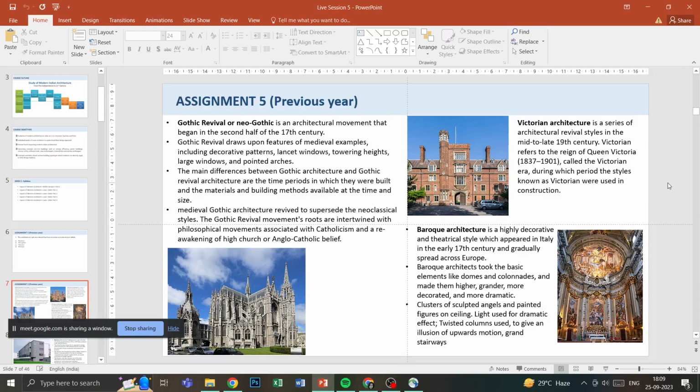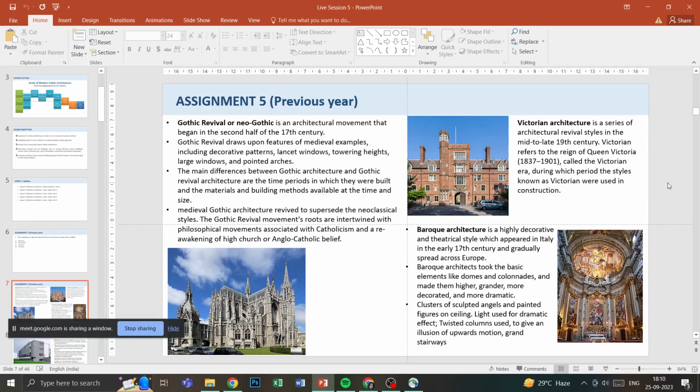For example, in the Gothic Revival period, the buildings used stone and other things, while in the Gothic period, they were mainly focused on woodwork. Another thing was the size. The Gothic Revival buildings are massive and huge in size because of the development of technology by that time as compared to the Gothic architecture buildings.